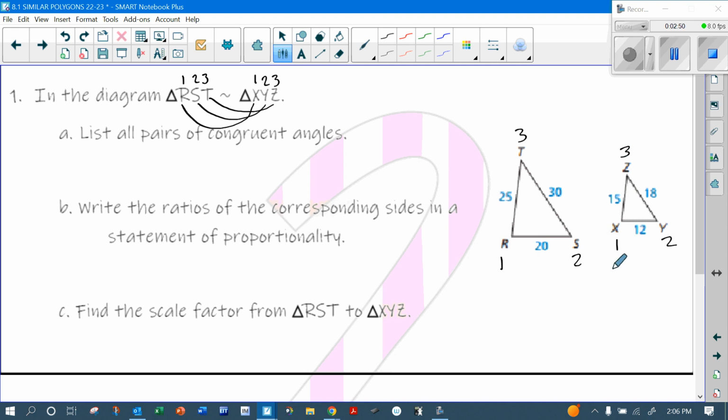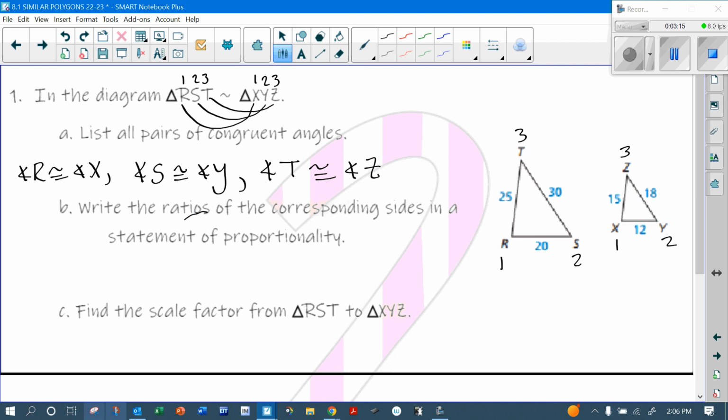So these 2 angles are the same, the twos are the same, the threes are the same. So what are my congruent angles? Angle R is congruent to angle X. Angle S is congruent to angle Y. And angle T is congruent to angle Z.